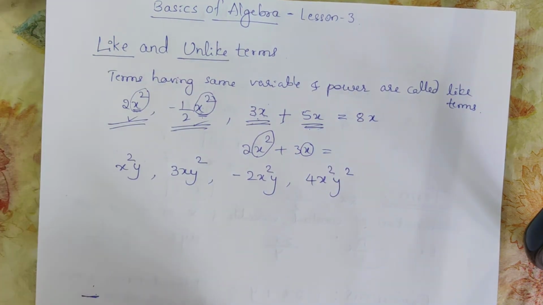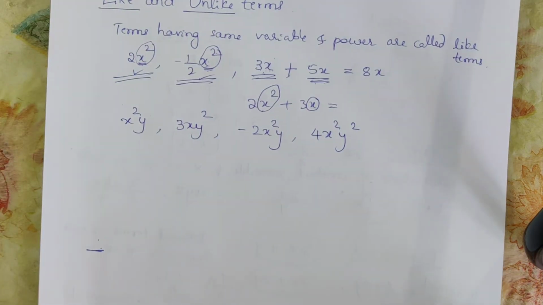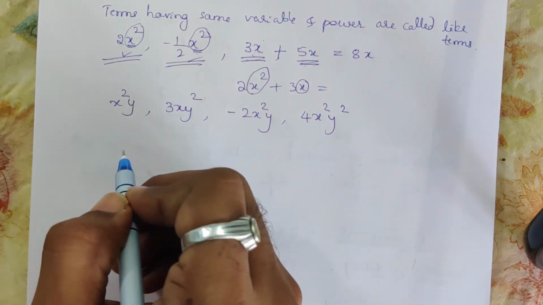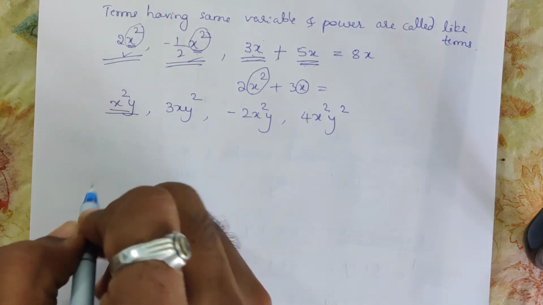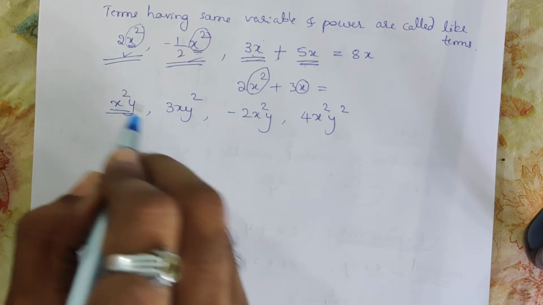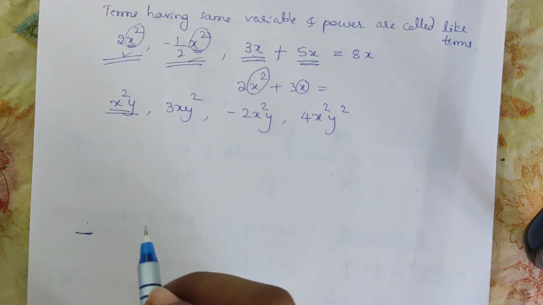See, how do you identify like terms? You must always see the variables. Here xy is there, here also xy is there, but observe the power of x here is 2, the power of x here is 1. So this and this cannot be like terms.